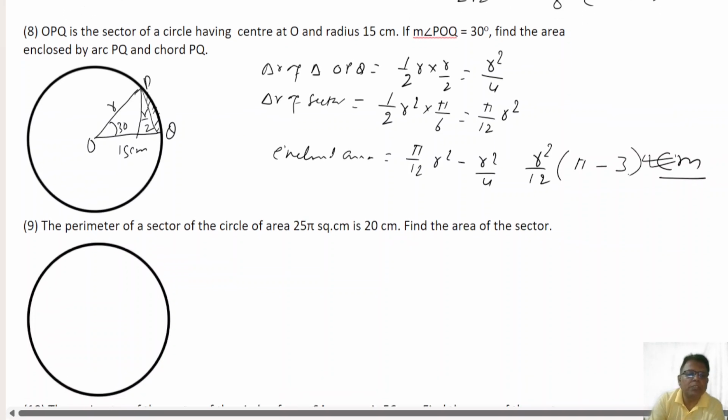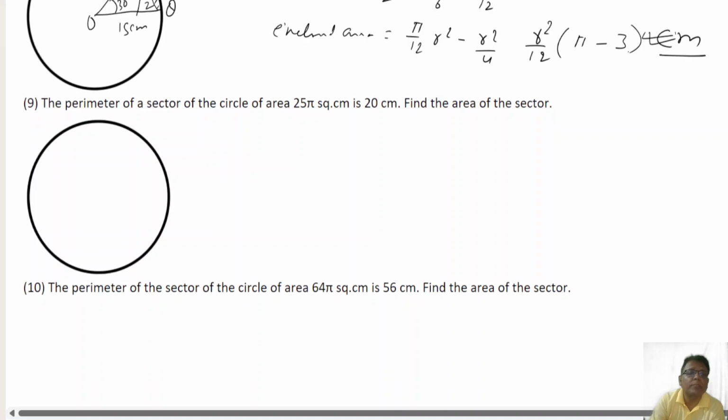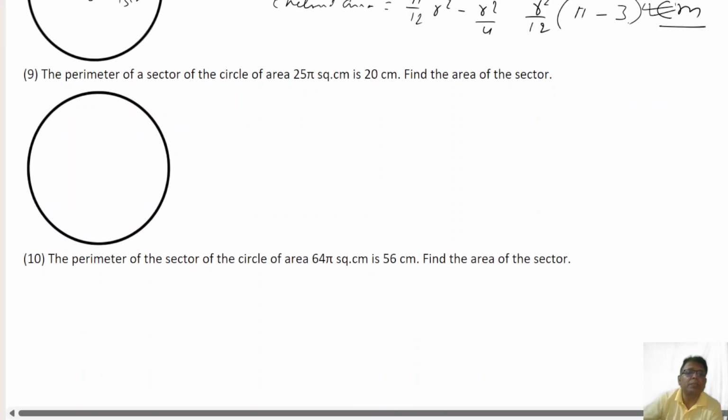Now come to question number 9. The area of the circle is 25 pi, that is equal to pi r square, which implies r is equal to 5.